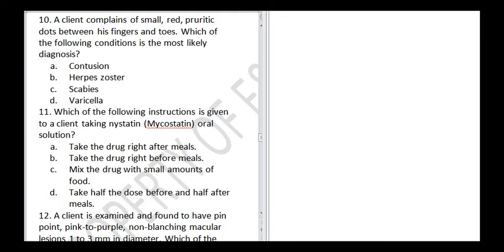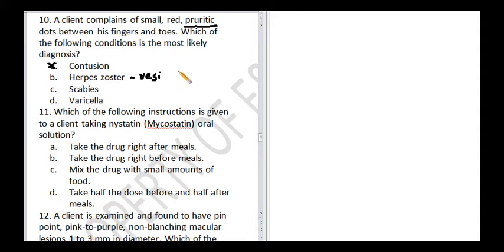Let's try to find wrong options first. Going back to the question, it says here that there are pruritic dots. Therefore, let's eliminate A because contusion means bruising, and there is no pruritus there. Next, herpes zoster is characterized by vesicular lesions.